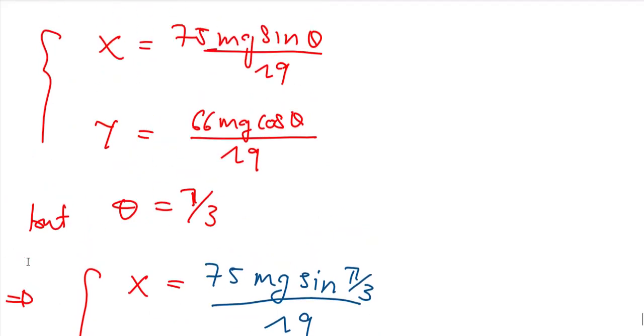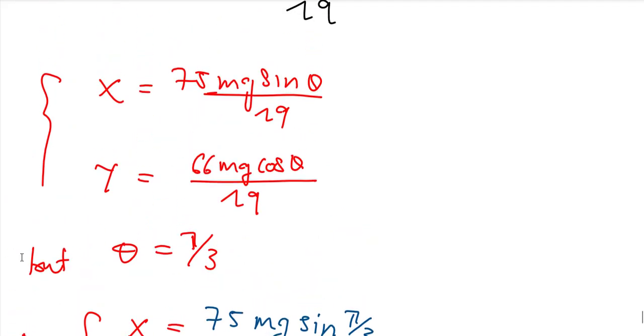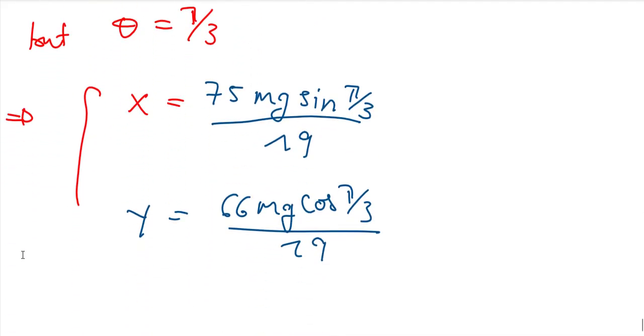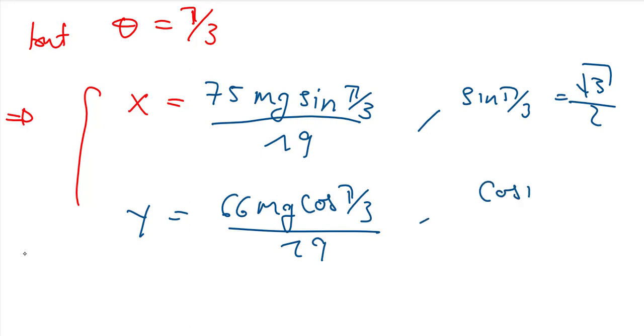Now sine pi on 3 is 60. Sine 60 is root 3 on 2, so sine pi on 3 is equal to root 3 on 2, and cos pi on 3 is a half.